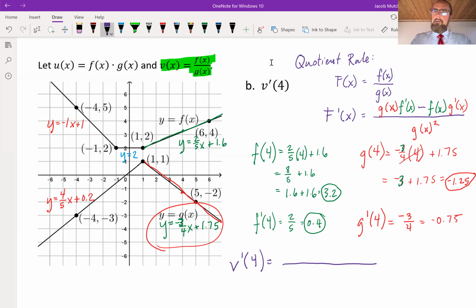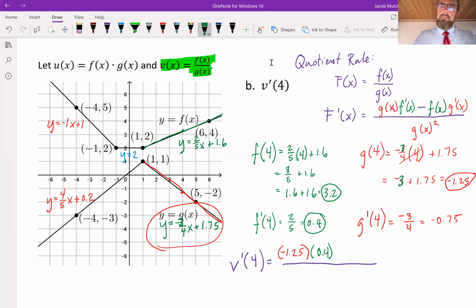So g at 4, which comes first, is negative 1.25 times the original f function, which is 3.2, minus the derivative. Oh, let me fix that error. So again, it's good to see this should be the derivative of f of x, 0.4.